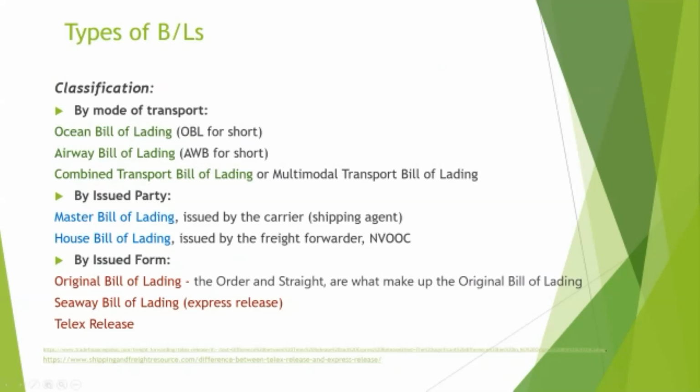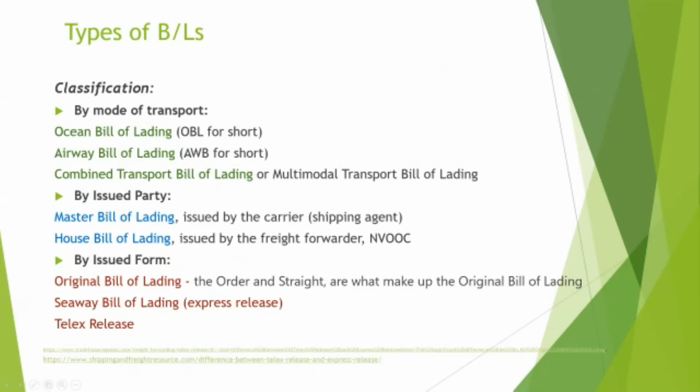Or we can classify bills of lading based on the issuing party, which is the master bill issued by the carrier, or the house bill, which is issued by the freight forwarder or NVOCC.